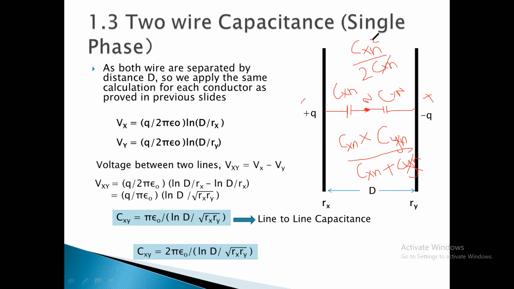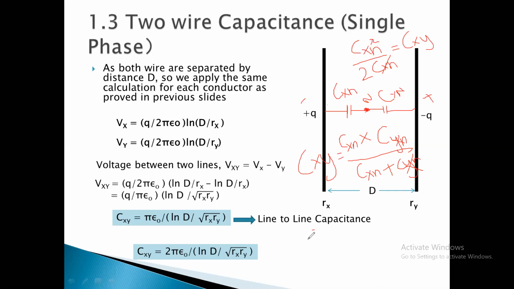So this CXN will be cancelled by the power, and the total capacitance between the two lines is CXY. This total capacitance will be equal to these two capacitors multiplied and divided. Okay, so this will be CXN over 2, equal to CXY.